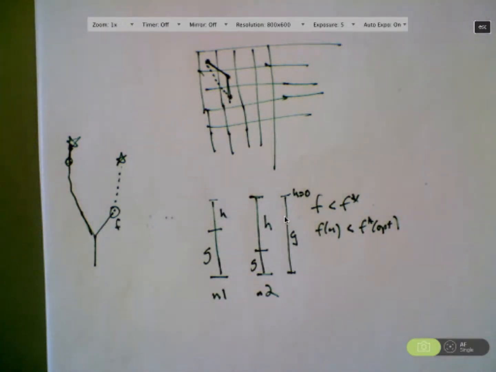We all know it's sorted by f. You want low f first. We're going to expand the minimal f node. But I was just raising this question of ties. What if you have two nodes that have the same f value? Can we do anything clever about having the right one in front? And the right one to have in front is the one with the higher g and lower h.